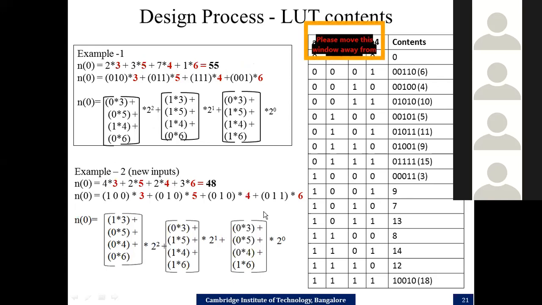Now, from these two equations, what do you understand? Any kind of inferences you can get across? What are we attempting to do now? Number of multiplication operations are reduced.